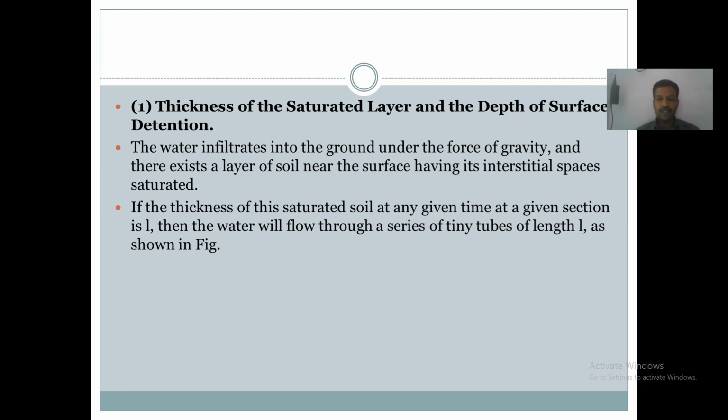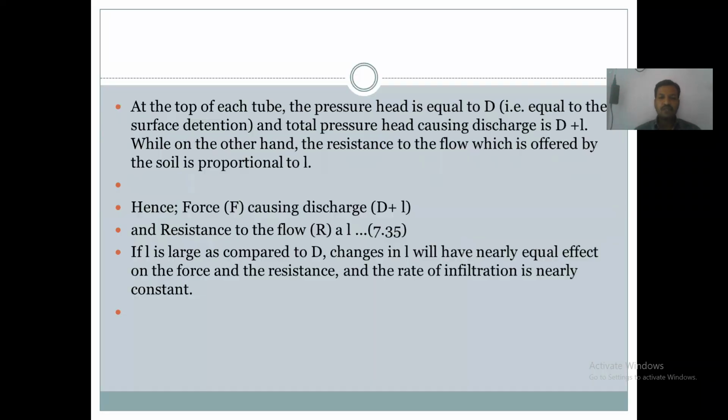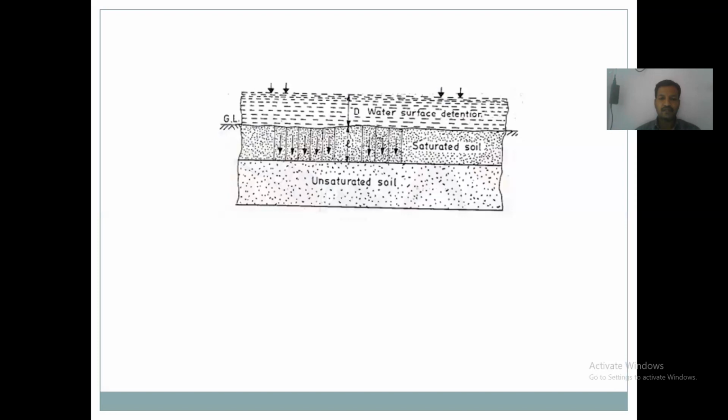Due to gravitational force, the water will pass through the voids of the soil, through the various layers of the soil.